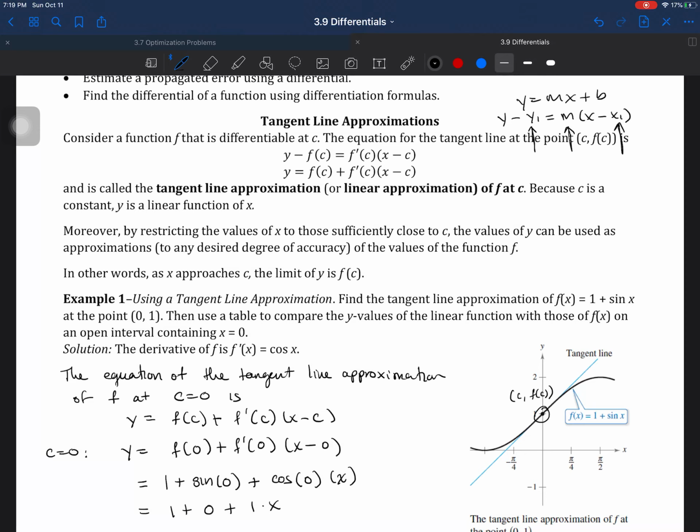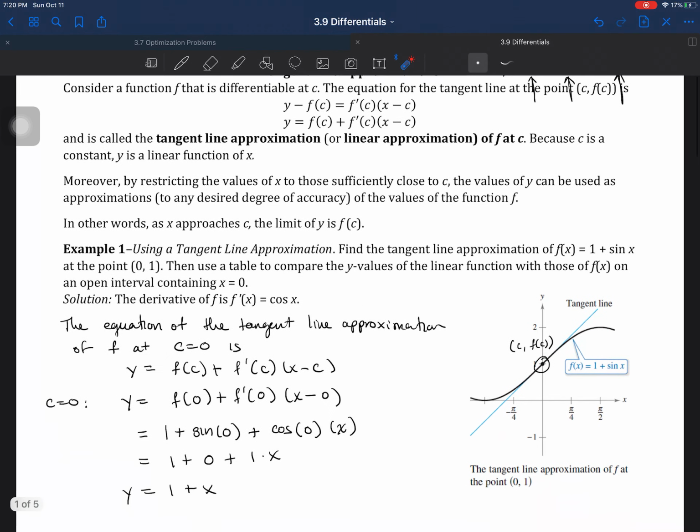So we use that point on the graph, and then the derivative of the graph at that x value, and we're going to be able to find the slope of that tangent line, and we're able to find the equation of the tangent line, right? We've done this so many times. Once you find the equation of the tangent line, you can plug in any number you want, and that will give us the value of the y component of the tangent line. And therefore, you have approximated the original graph.